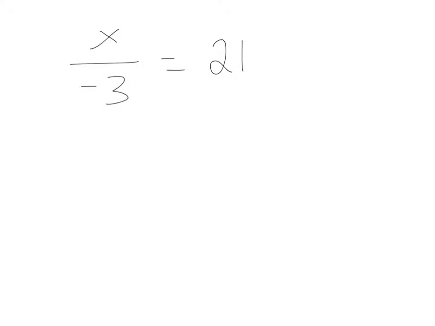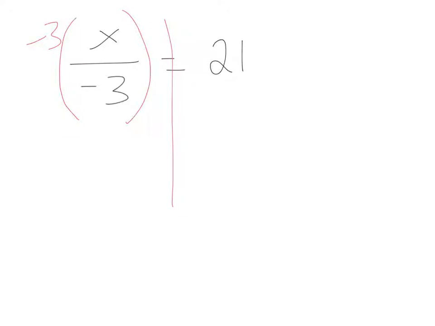Next one. On this one, I draw the wall, and then I say to myself, how do I get x by itself? Well, I have x divided by -3. Guys, to get rid of divided by -3, I do the opposite of divide, and I actually multiply. Guys, look at this, though. To show the multiplication, I specifically want you guys to use parentheses, and then you're multiplying by -3.